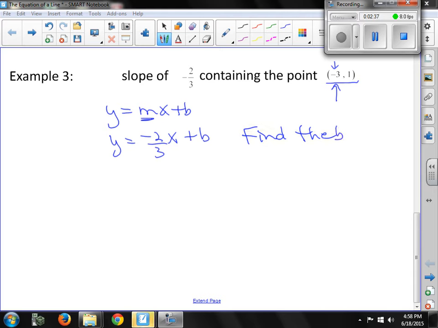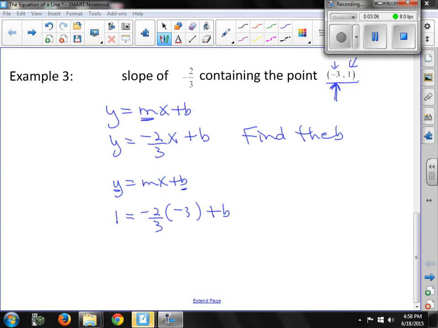Now, using y equals mx plus b again, I need to find the b. Well, I know what a y value is. Do you see my y value will be 1? So 1 equals m, I know, -2/3, and x, I also know that, is -3, plus b.